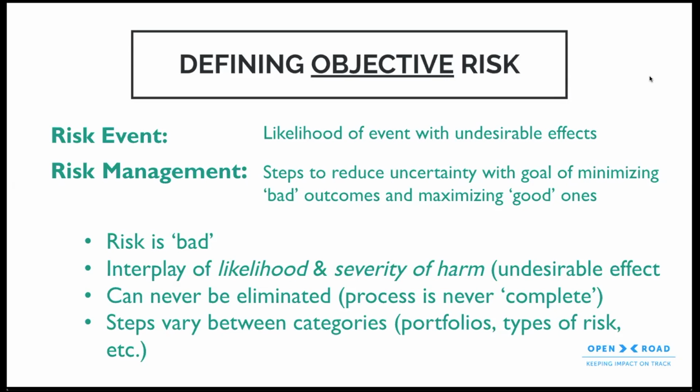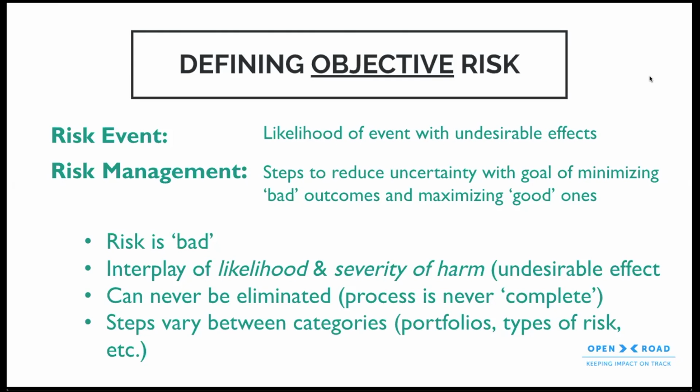Also very key on this side of objective risk is the interplay between likelihood and severity of harm, or the undesirable effect. Another thing to be clear on is that while we can take steps to reduce the likelihood of a risk event, or to reduce the level of loss, the severity of harm that that risk event might have on our project, our portfolio, our grant, we can never eliminate risk.